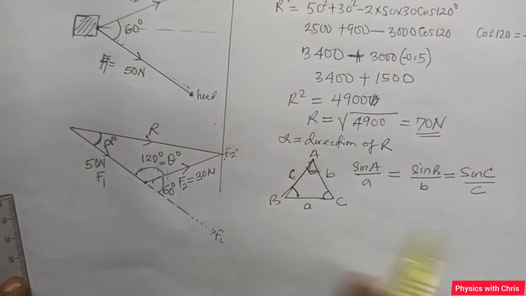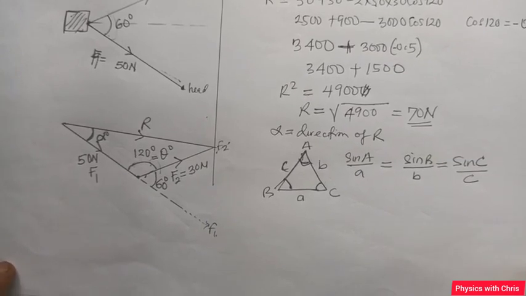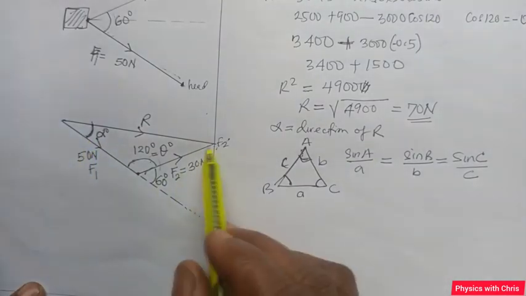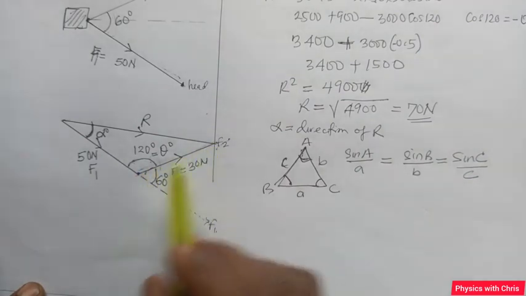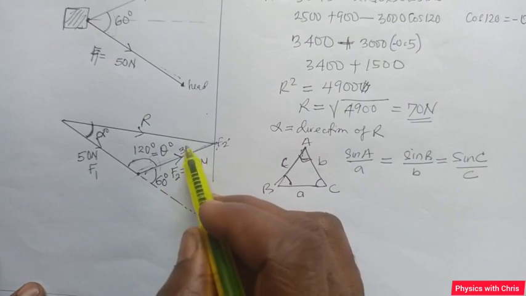So to find the direction of my resultant, I will first look for the known sides and the required angle. The required angle is alpha, and the side opposite it is F2, which is 30.